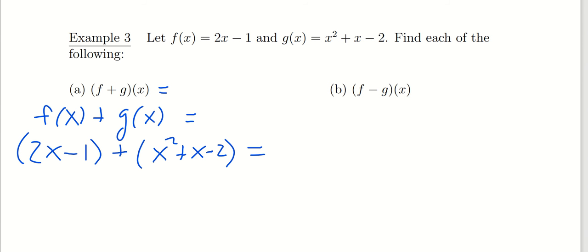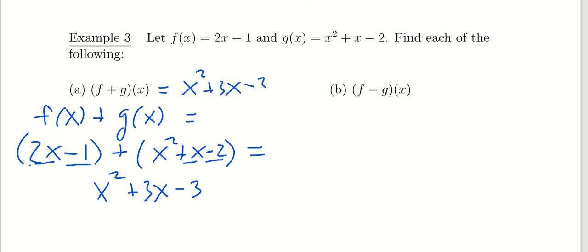Then we can combine and simplify like terms. We have an x squared. We have a 2x term and a positive x term that will add to give us 3x. And then the negative 1 and the negative 2 will combine to give us negative 3. So the function f plus g of x is going to be x squared plus 3x minus 3.